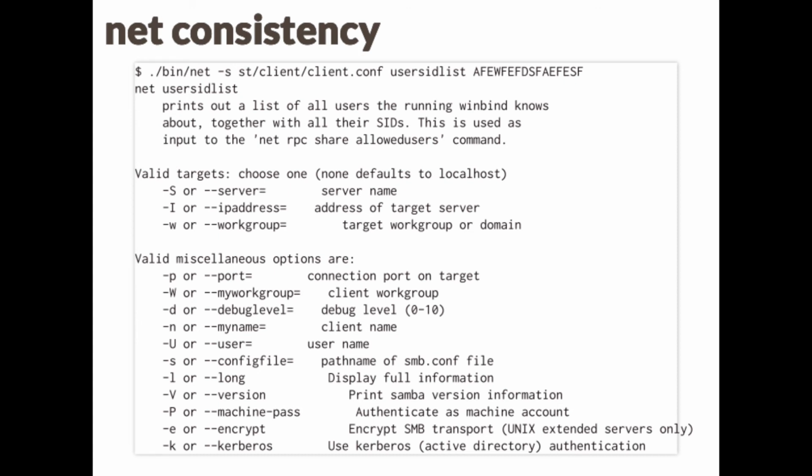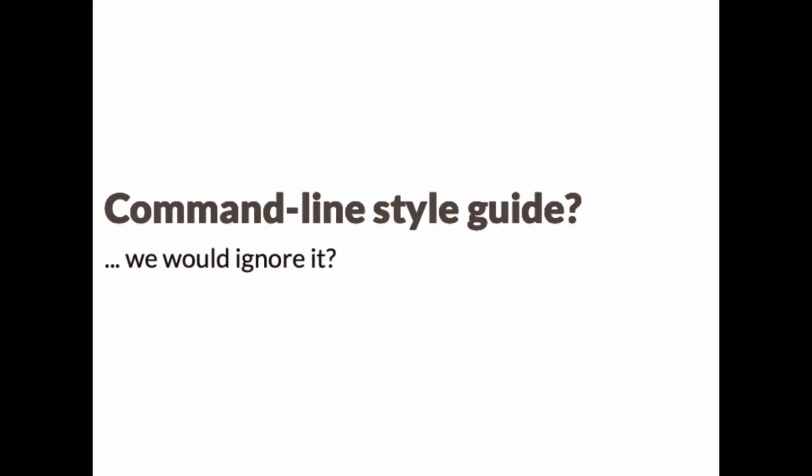So my next idea was we could have a style guide for the command line. That would tell us what to do. But I think none of us would actually look at it, right? Whoever developed the code would just add our flags however we go. So I'm not going to write one.